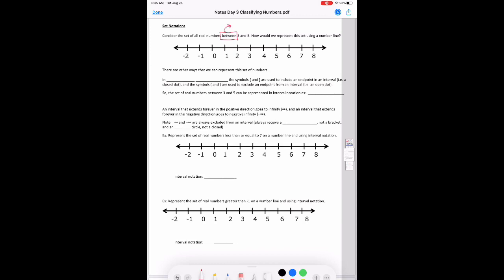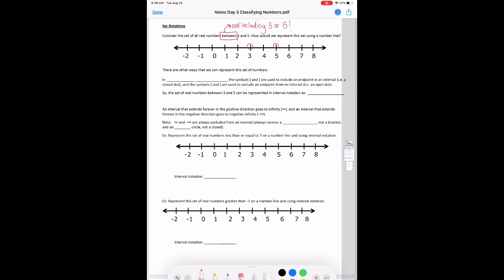Okay, so go ahead and write not including 3 or 5. Okay, so if you guys remember graphing on a number line, if we don't want to include the numbers that were between, so 3 and 5, we're not including those, we represent that with open dots.